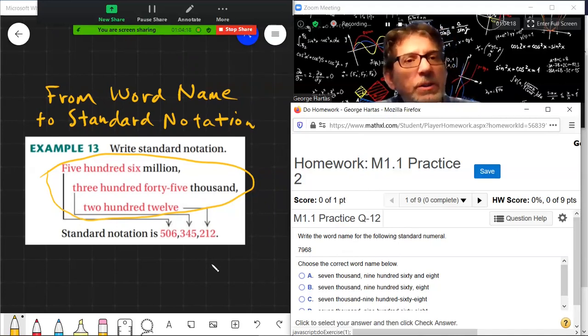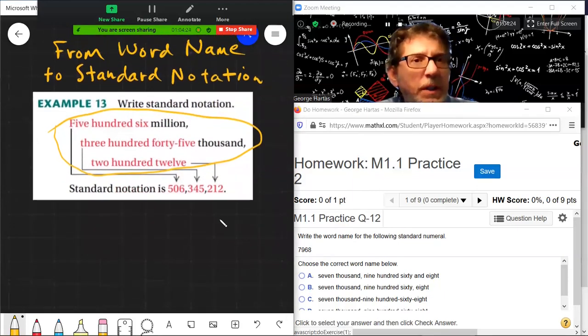Now, something else I do want to mention about word names, and that's this.